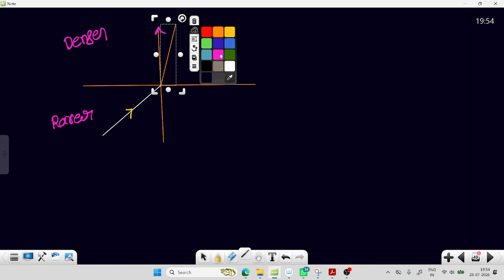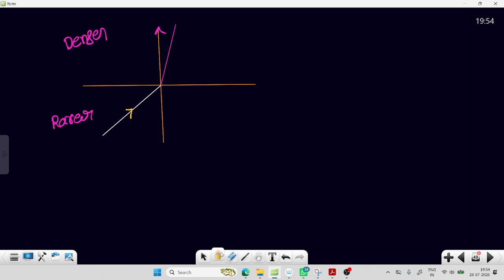Now tell me, here in this case, if this is the i value and this is what you tell me, r, yes? Okay, now if we increase this one, the light ray will lie on the surface.